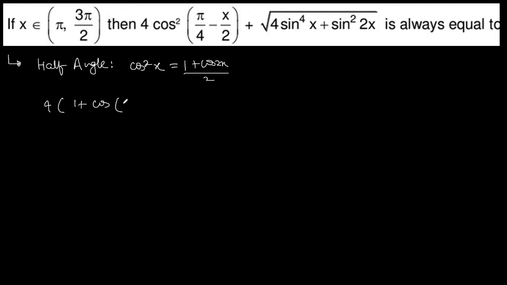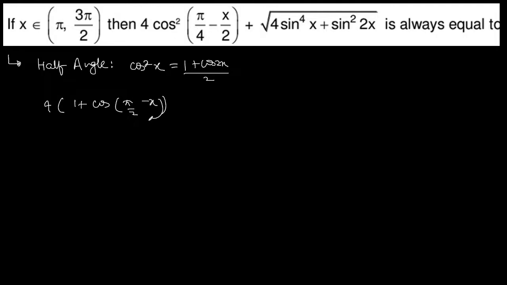Right now we can skip it, but when we are in half angle, we solve it something like cos square x equal to 1 plus cos 2x by 2. So if you substitute here, it is nothing but 4 times 1 plus cos of 2 times pi by 4 minus x by 2, by 2.